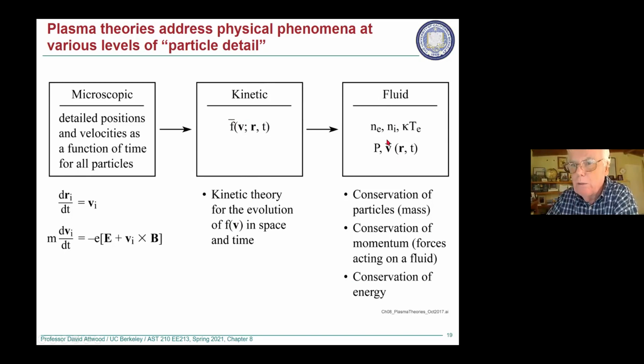Anyway, from the kinetic theory, in terms of some velocity distribution function, we can develop the fluid equation. And we talked about this briefly before. The fluid equations for a plasma would be written in terms of an electron and ion density, how many particles per cubic centimeter, an electron temperature. In some cases, an ion temperature is required, but not so much for us who are interested in high frequency X-rays.